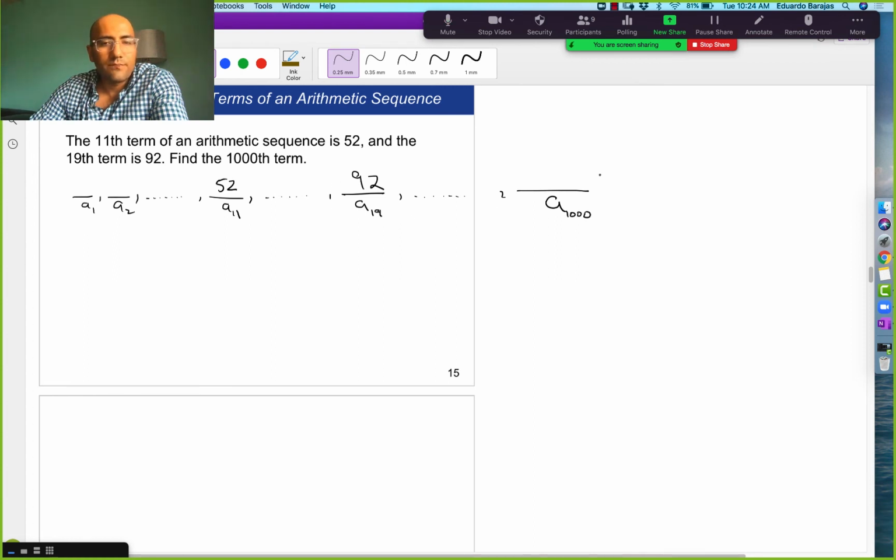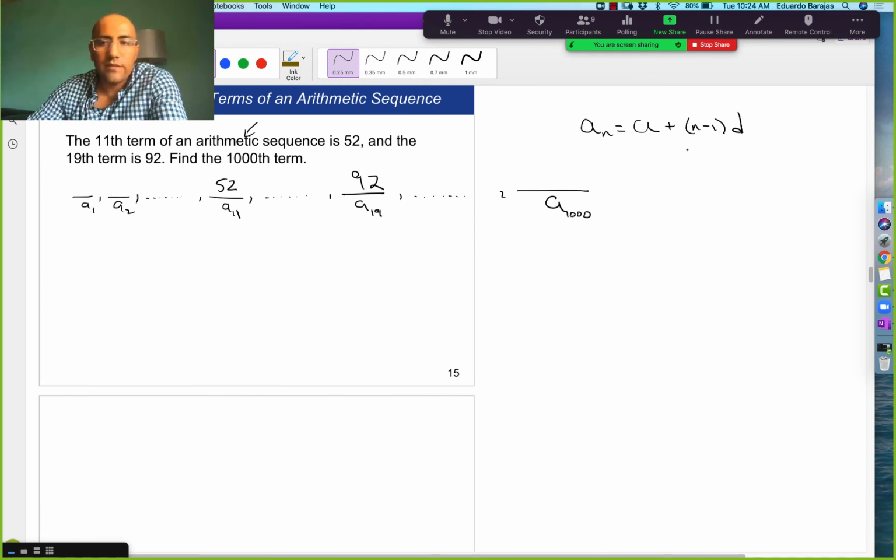Another key thing is that they did tell us it's an arithmetic sequence. So by knowing that it's an arithmetic sequence, I know that this is the formula for it. It has to fit that. And that's where A is A sub 1 in the arithmetic sequence.